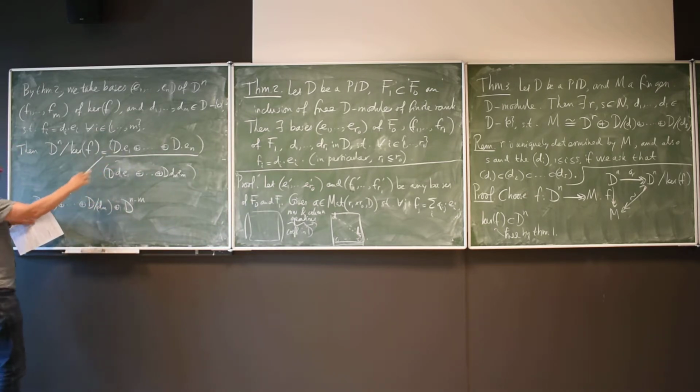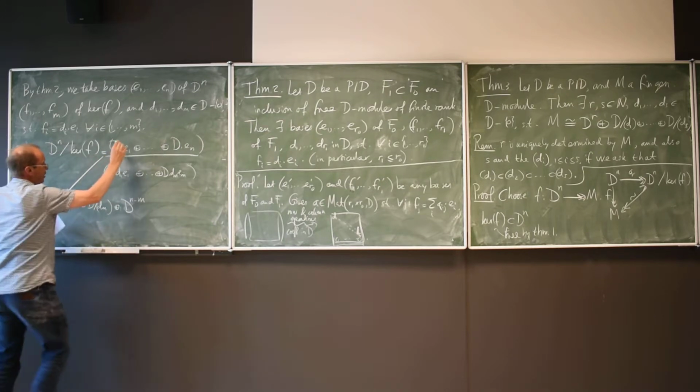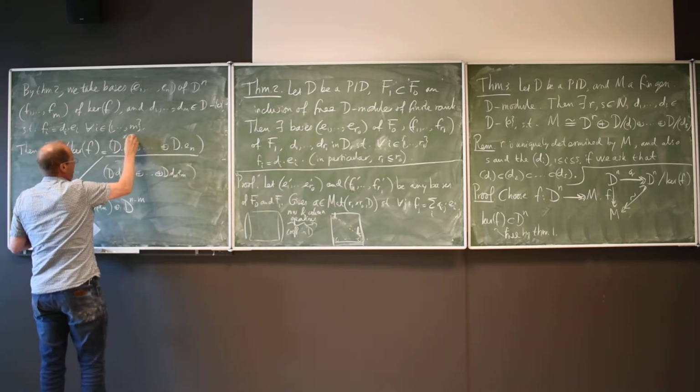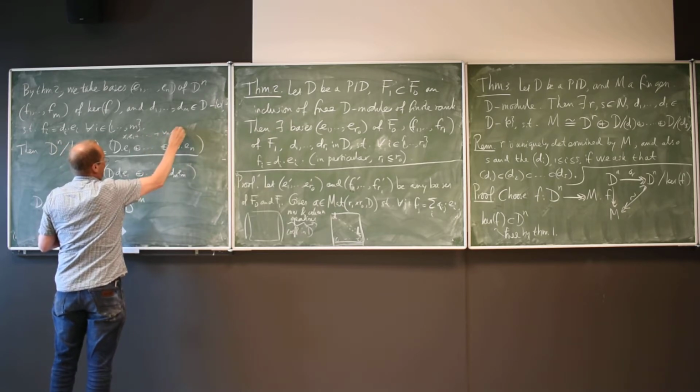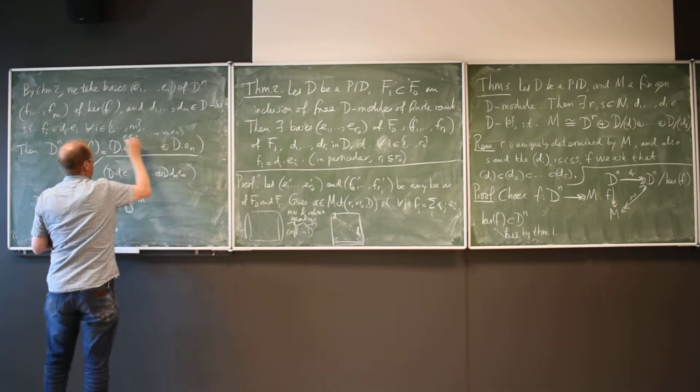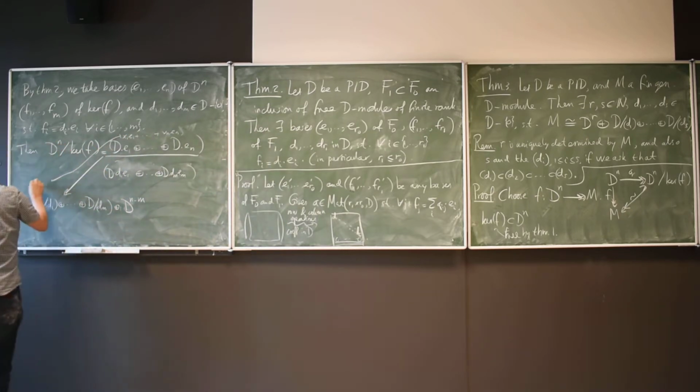So I just send, say, x1 e1 plus ... xn en, this thing here, I map it to x1 modulo d1 up to xm modulo dm, and then in the rest I do x(m+1) up to xn. Right? I can do this map.